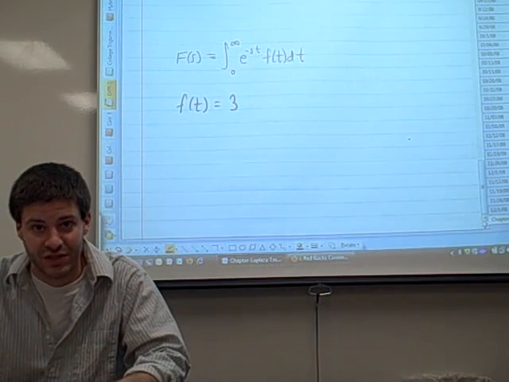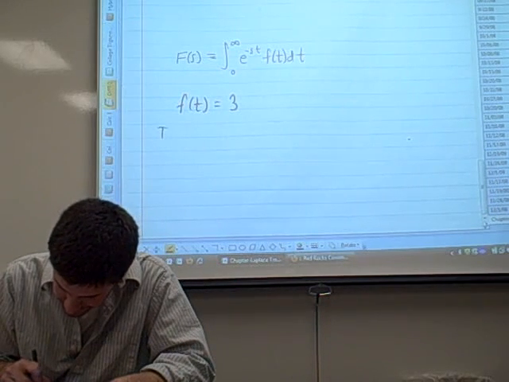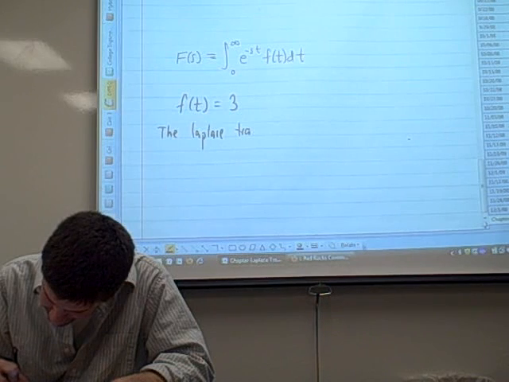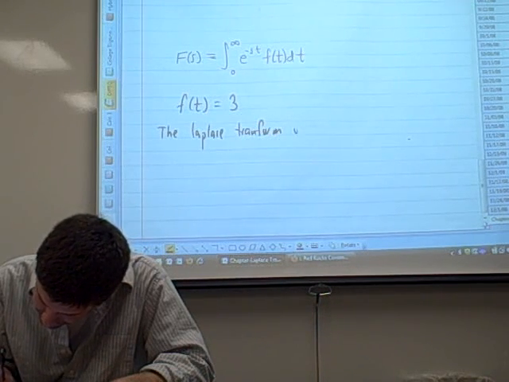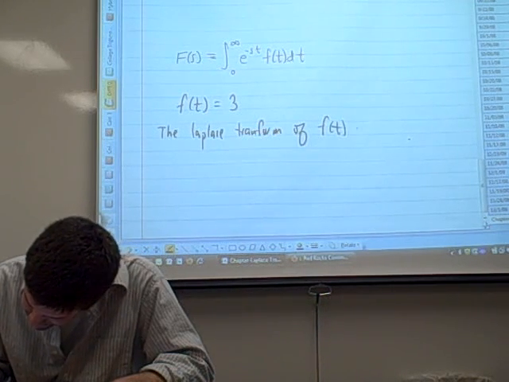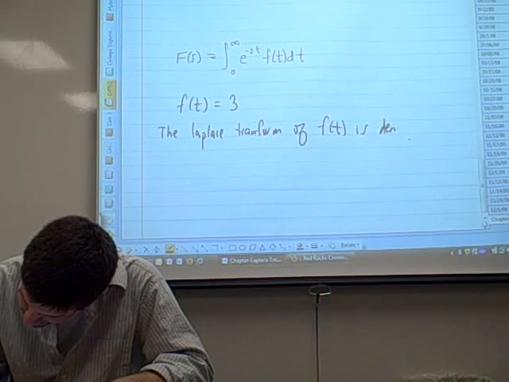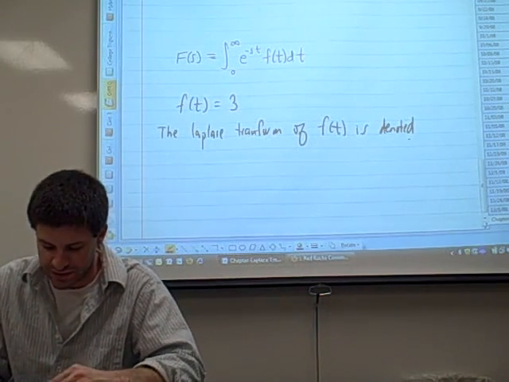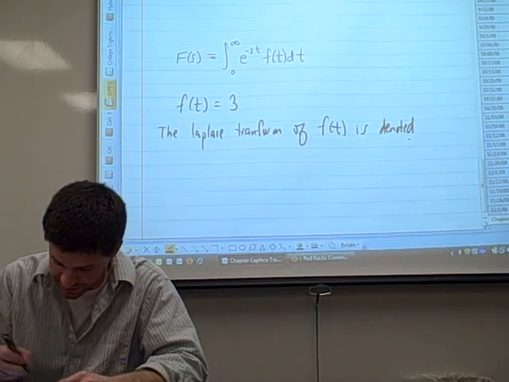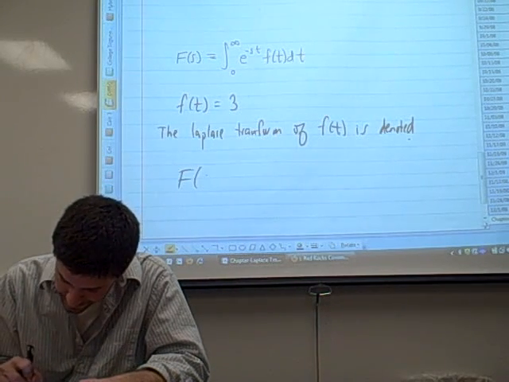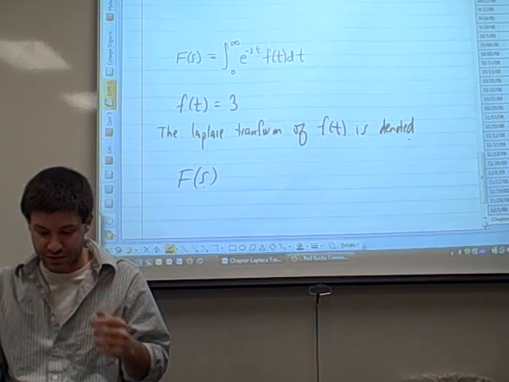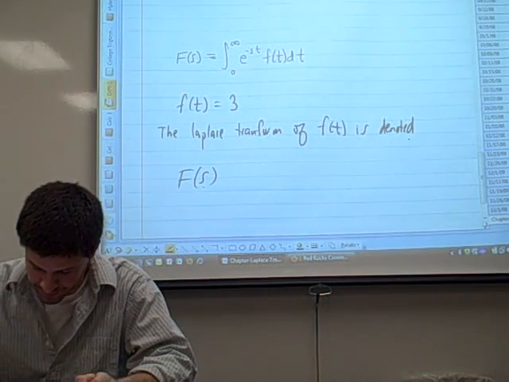Now, there are a couple different notations for this. It's denoted in a couple different ways. One way to do it is as it's written in this first line above here with a capital F, and the independent variable on that Laplace transform is going to be an s.